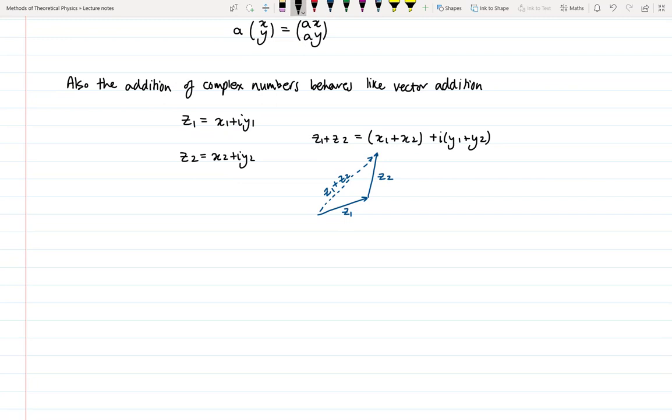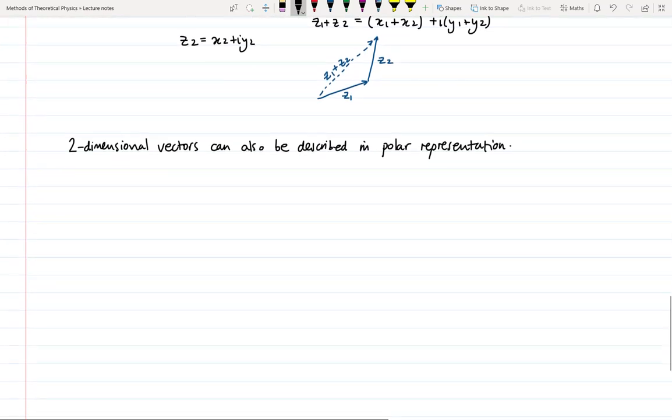So far we've been thinking about the Cartesian coordinate system for our two-dimensional space. But of course you know that two-dimensional space can also be parameterized using polar coordinates. So two-dimensional vectors can also be described in the polar representation. Let's again draw some axes to see what's going on.